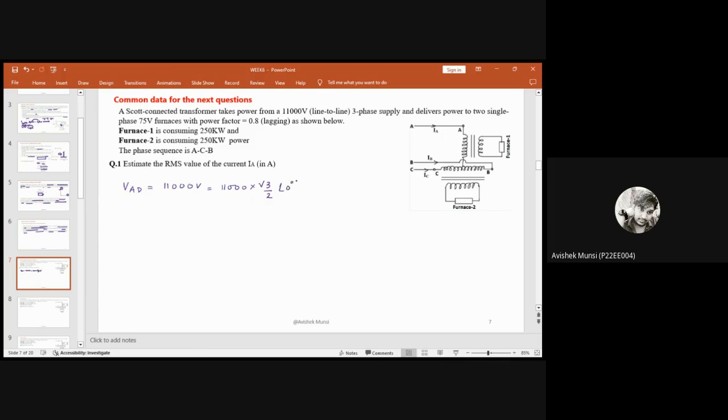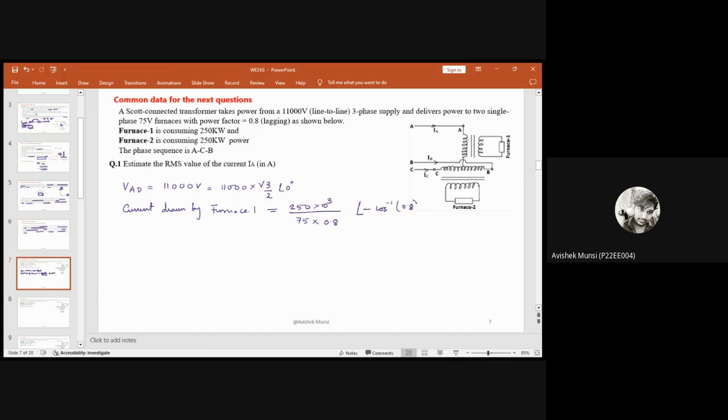Okay. So now the current drawn by furnace 1, that is basically this, 250 times 10 to the power 3, the power is given. And furnace 2 has a voltage of 75 and a power factor of 0.8, so the angle is minus cos inverse of 0.8.